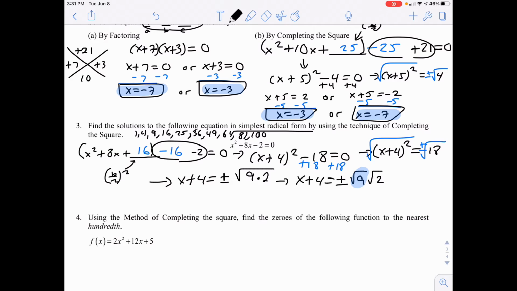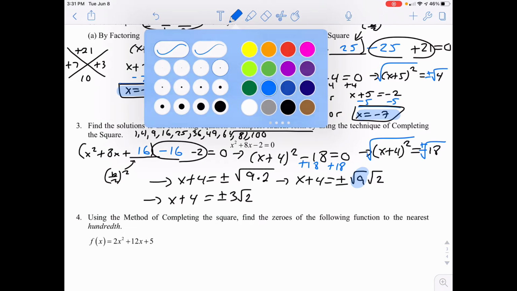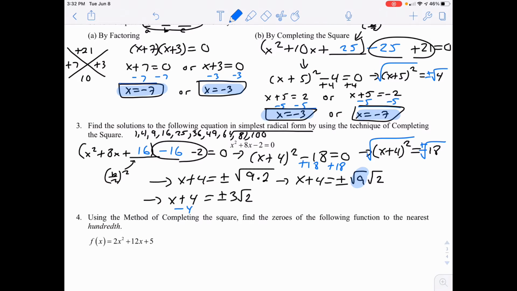Take the square root of 9 to get 3. We have x plus 4 is equal to plus or minus 3 radical 2. And the last step, subtract 4 from both sides. And our two solutions would be x is equal to negative 4 plus or minus 3 radical 2.